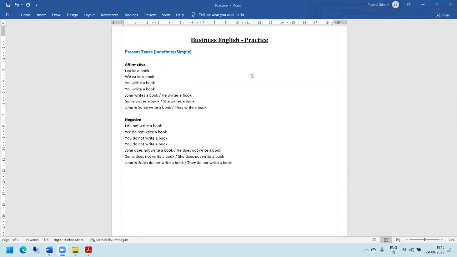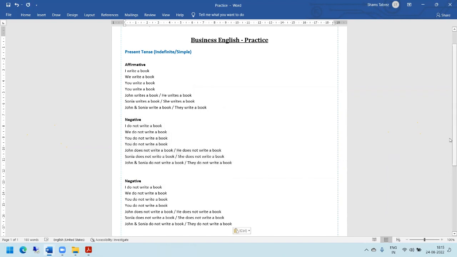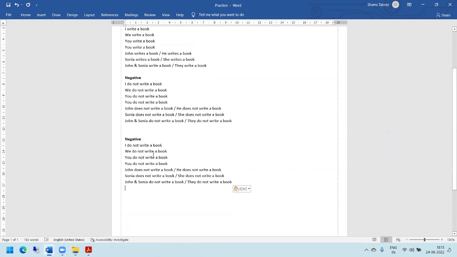So this is affirmative, negative. Now we are talking about simple question. So in a simple question, first comes the helping verb. If it is not negative, not is not used, then the subject will come after the helping verb. Do I write a book?